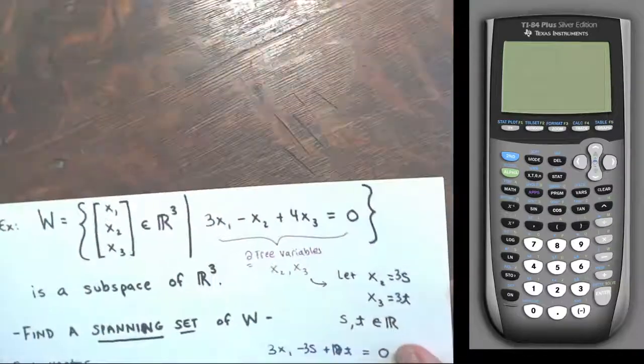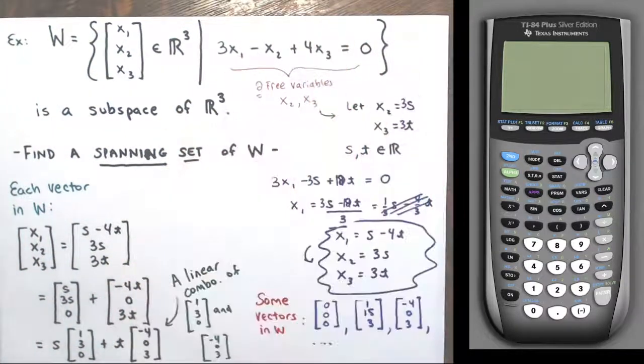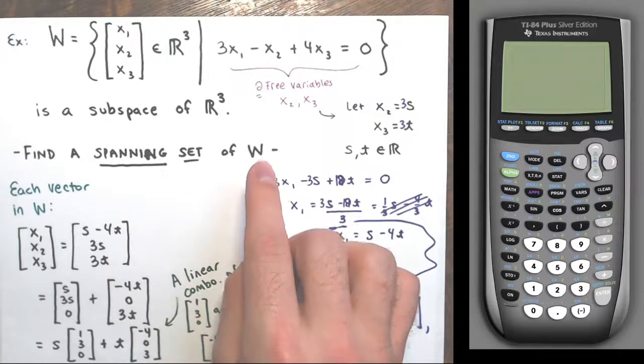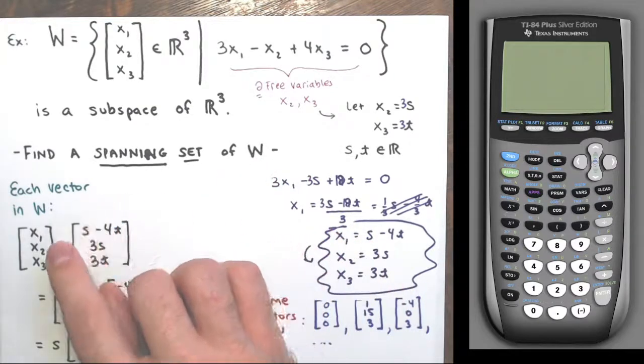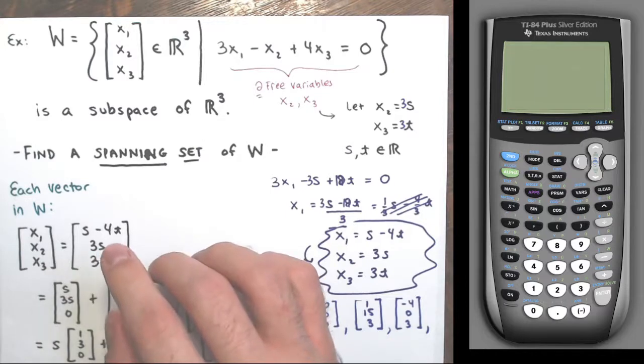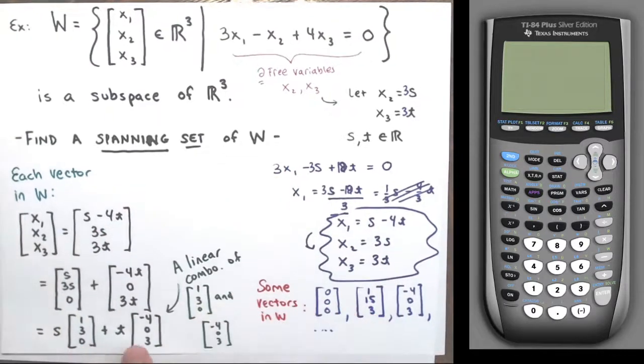So lots of stuff there, lots of terms and manipulations of equations and whatnot. But if you're asked to find a spanning set of a subspace, look at what each vector in that subspace looks like. Try to find some general form for it, and see if you can split it up and write it as a linear combination of some vectors. If you can, then you have your spanning set.